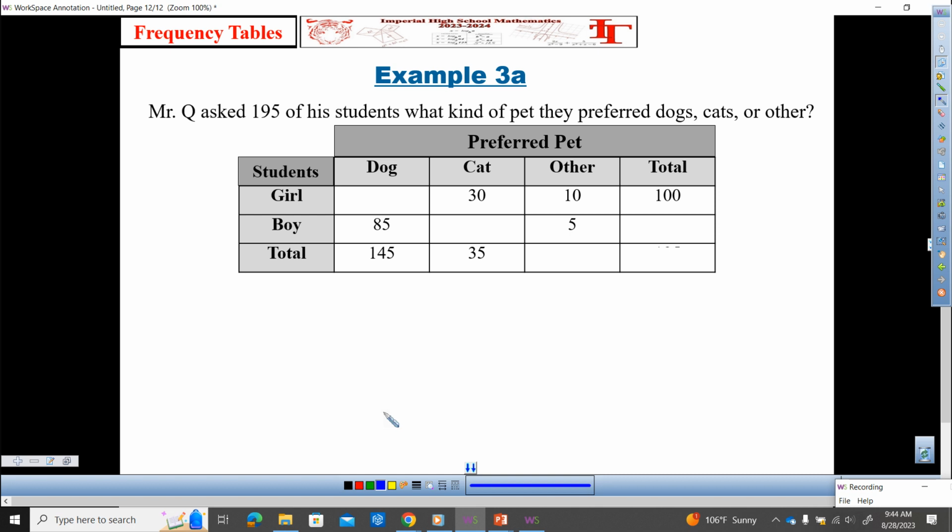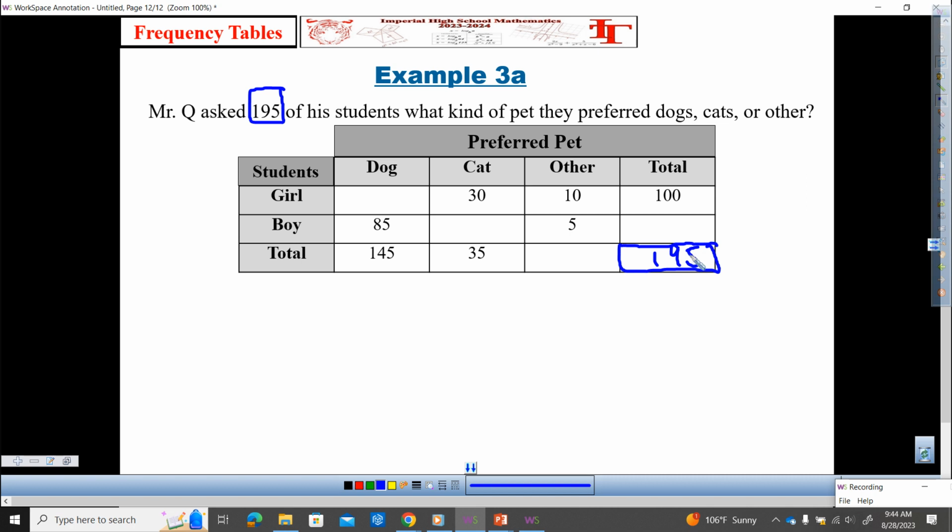Eyes on the screen really quick up here. How many total students? Okay, so the total always goes right here. So write it in there, please. 195. And that's going to help you fill in the rest of the table.